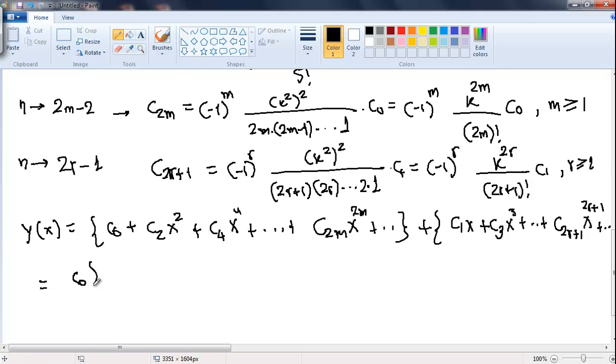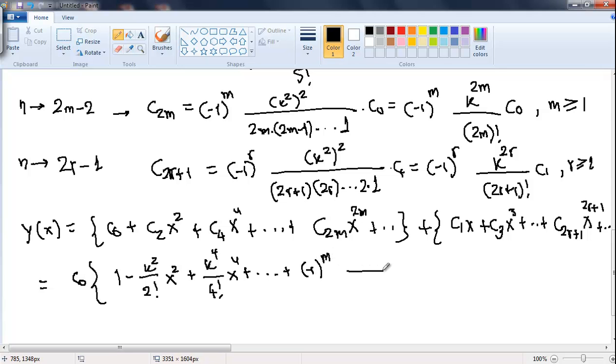Now when I substitute my coefficients as I found them before in this expression, I have 1 - k² over 2 factorial x² + k⁴ over 4 factorial x⁴ plus minus ... (-1)^m k^(2m) over (2m) factorial x^(2m).